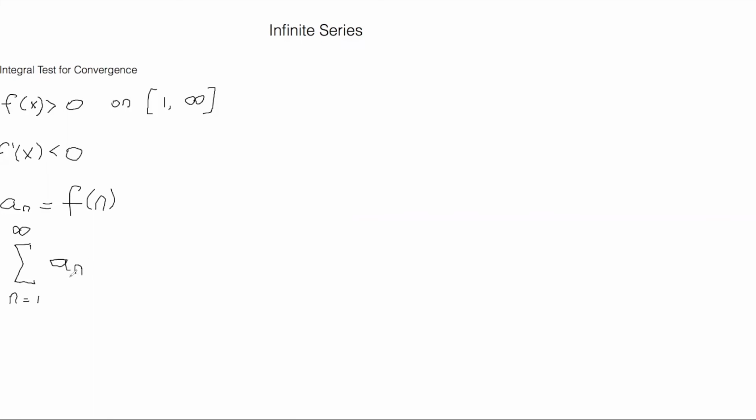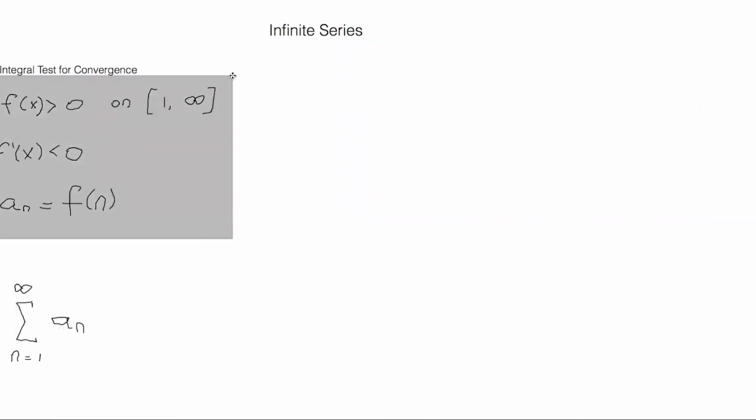So the integral test tells us that this series is convergent if and only if the improper integral here, I want to establish that this is kind of separate from the other stuff. These are the basic conditions that were given. This part below is the actual meat and potatoes that determines if this converges.